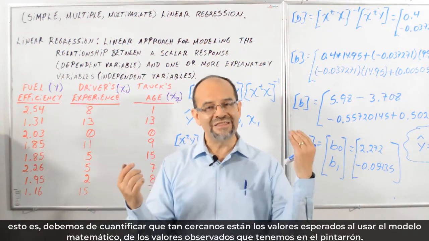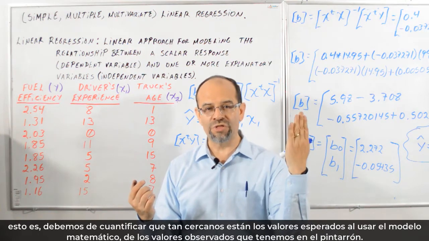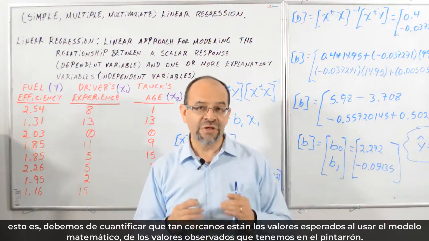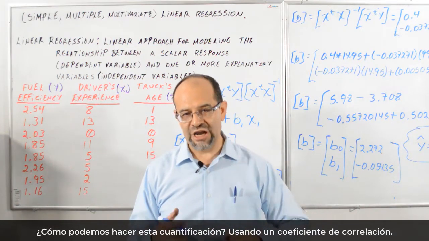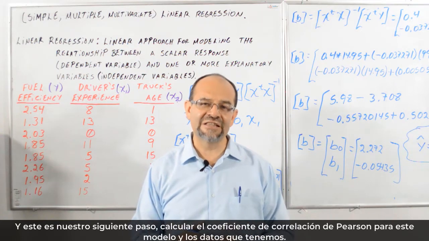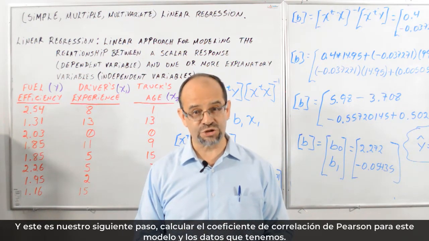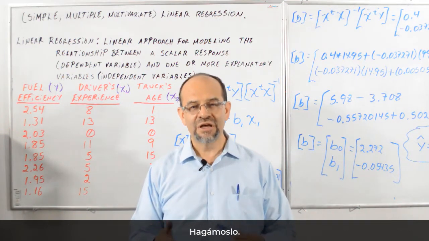So how close are the expected values obtained from the model to the observed values, which is this data that we are having? How can we do that? Using a coefficient of correlation. And that is the next step. I will be calculating the Pearson coefficient of correlation for this model and this data. Let's do that.